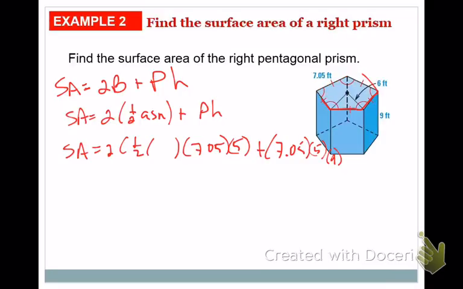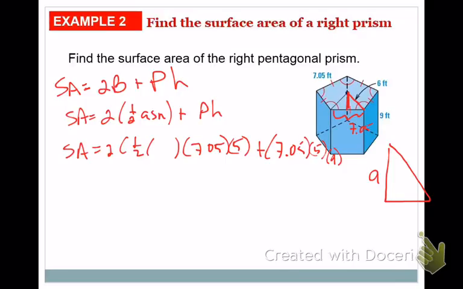Well, we have to go back to chapter 11 stuff, and remember that the apothem is here, and if we draw in a radius, then we create a right triangle, which I'll redraw over here. We need the apothem. That radius we don't know. This side down here is 7.05. So this part down here is half of that.